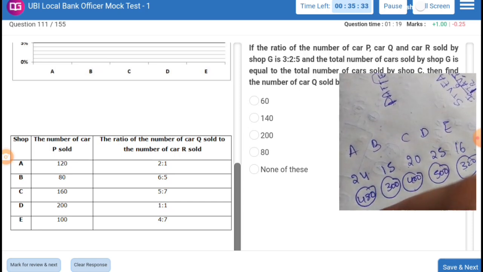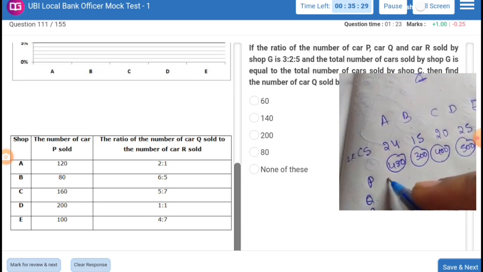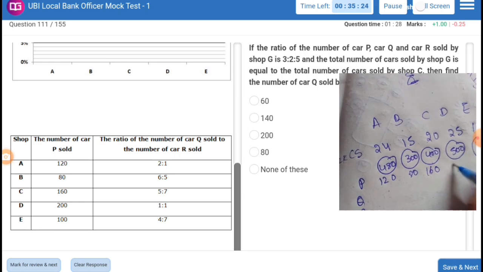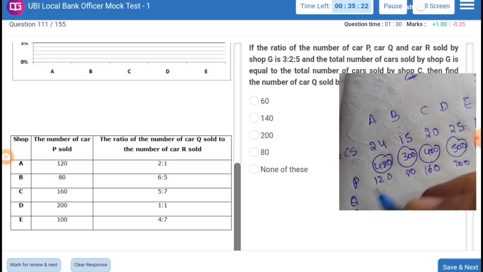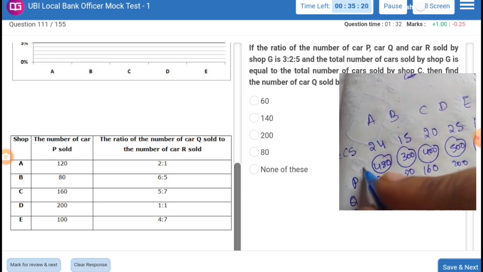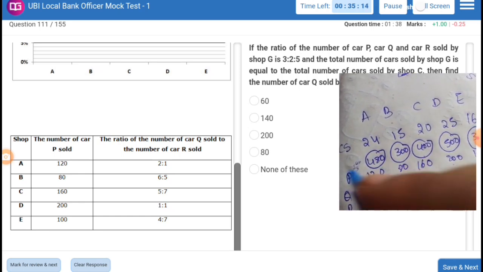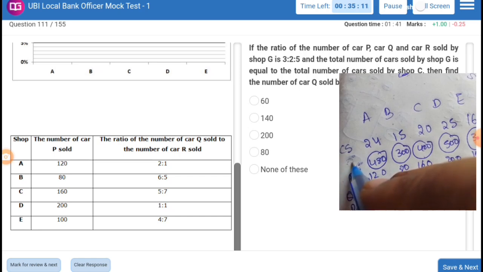So number of PQR: 120, 80, 160, 200, 100, and remaining is 360. 360 by 3, 120, 240, 120. So 80 means 220, 11.